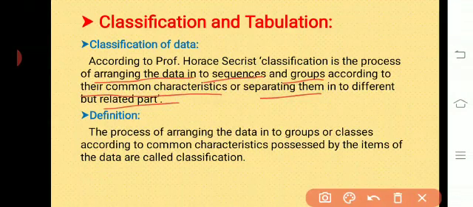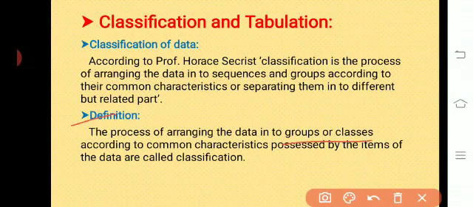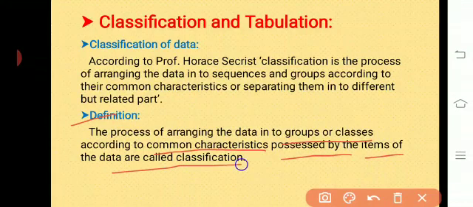Now let's see the definition of classification. The process of arranging the data into groups or classes according to common characteristics possessed by the items of the data is called classification. So arranging the data according to the common characteristics is called classification. This definition is very important.